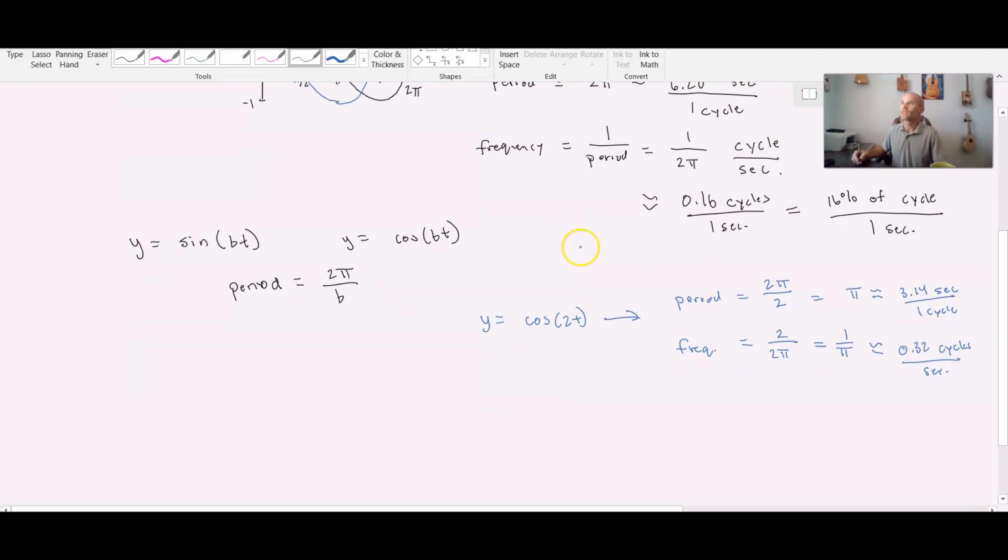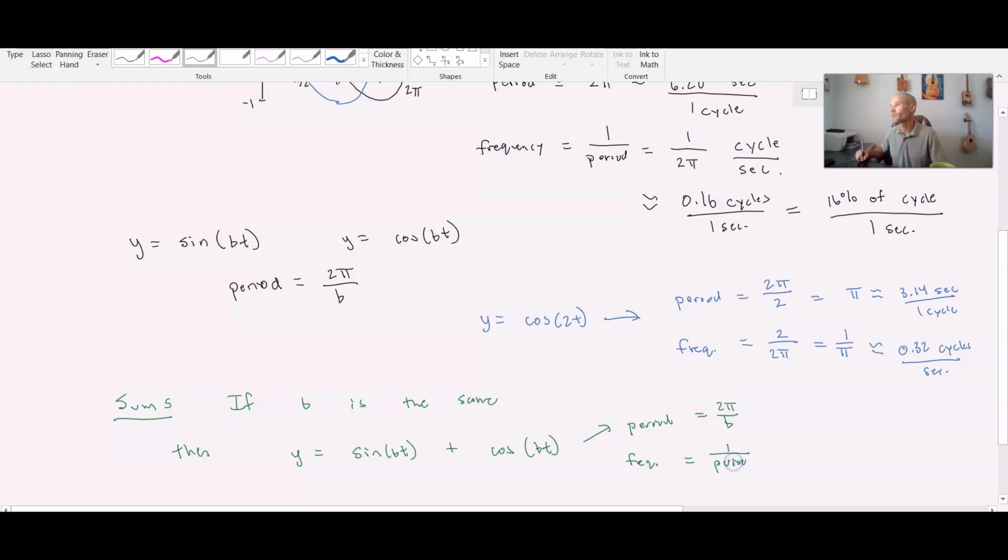Now the same thing applies if you sum or take differences of periodic functions, as long as the value of b is the same. So if b is the same, then something along the lines of y equals sine of bt plus cosine of bt still has a period that is equal to 2 pi over b and has a frequency that is equal to 1 over the period, which is essentially just the reciprocal of 2 pi over b.